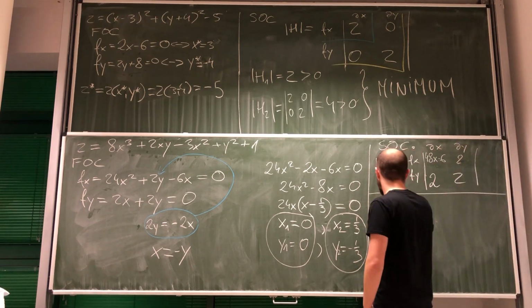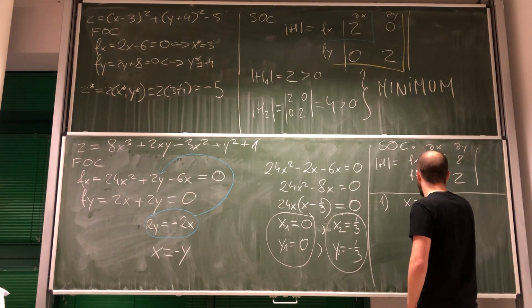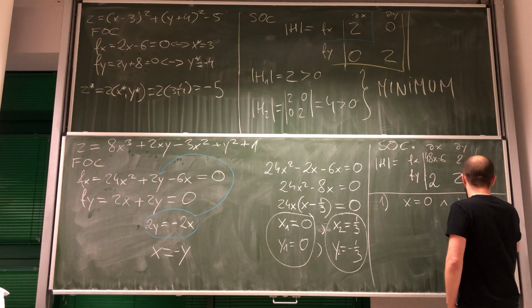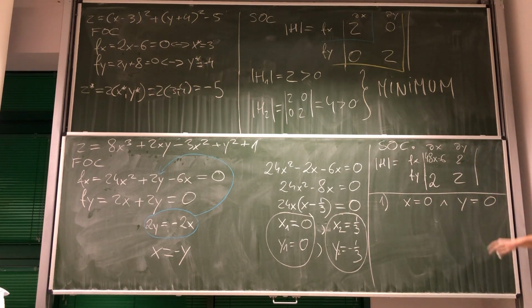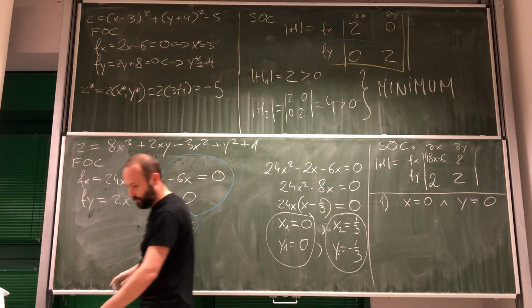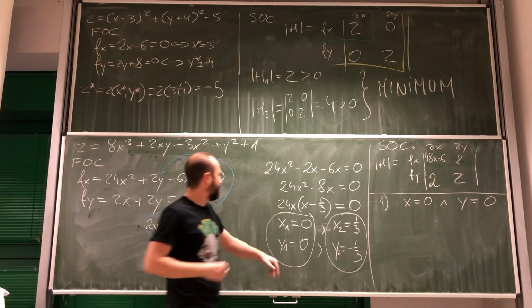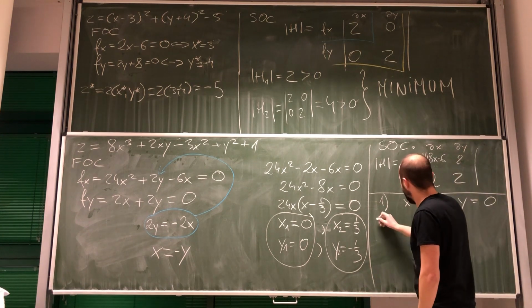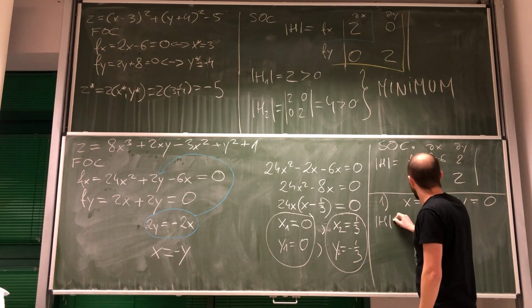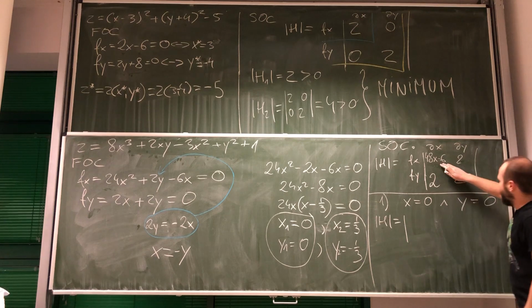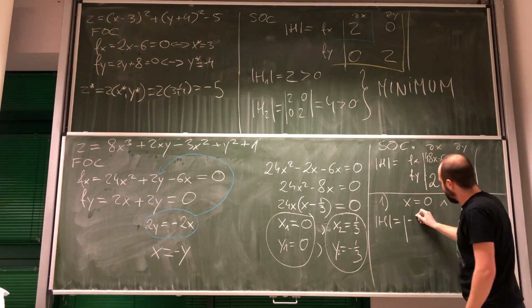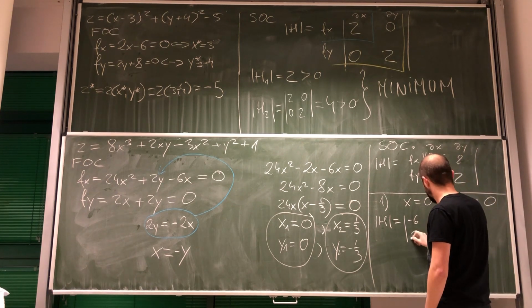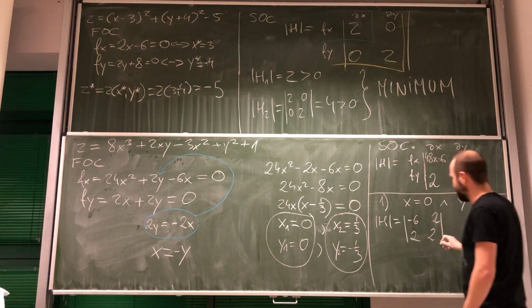Scenario number 1 is x equals 0 and y equals 0. Now what is happening over here? Okay, it goes like so. Our Hessian takes the form of negative 6, 2, 2, and 2, right?